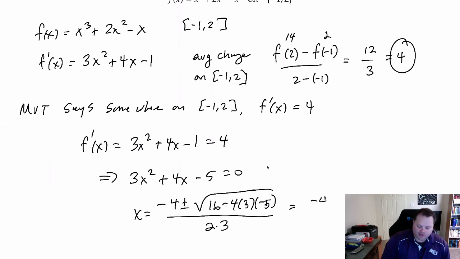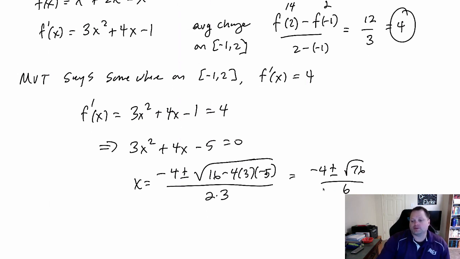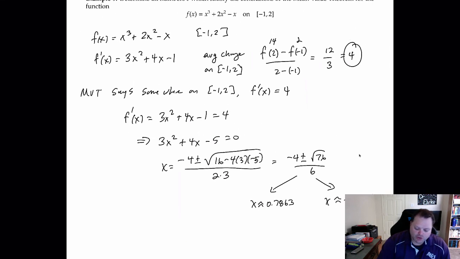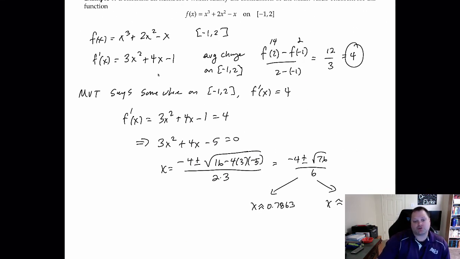And if you simplify that correctly, you should get 2 points. So these are my 2 values. The first value here is approximately 0.7863, and the other value is negative 2.1196. So there are 2 places where this function's derivative has value 4.